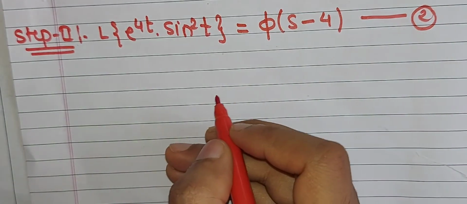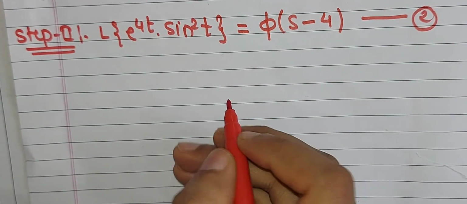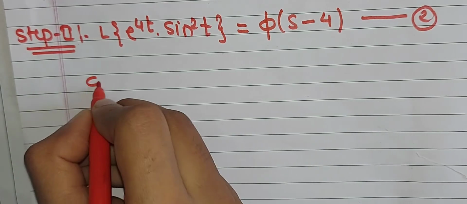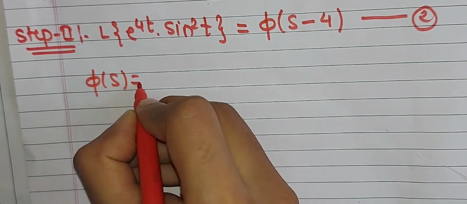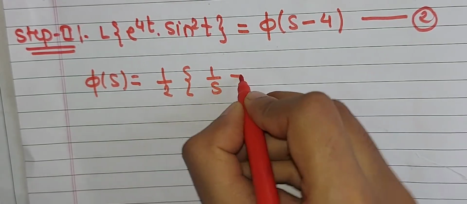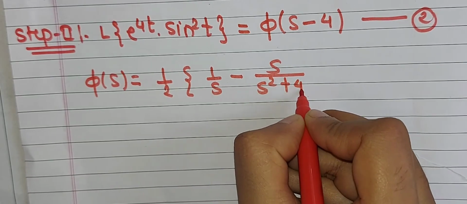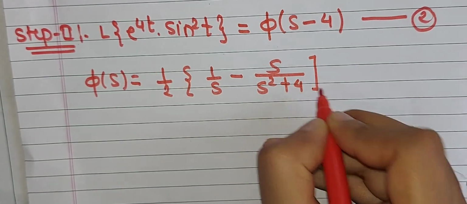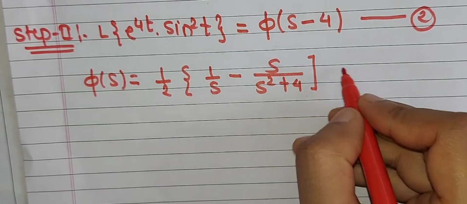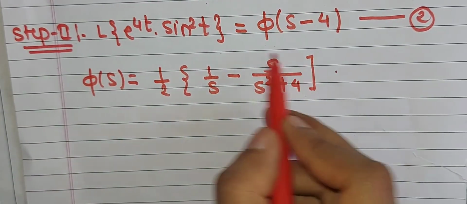Now with the help of equation number 1, which we have already calculated above, phi of s is equal to 1 by 2 into (1 by s minus s divided by s square plus 4). So when we have s, we can write this function as it is.